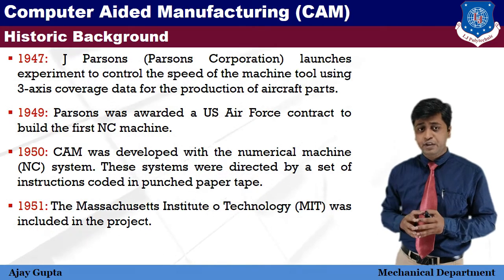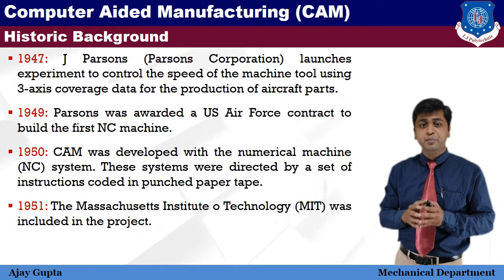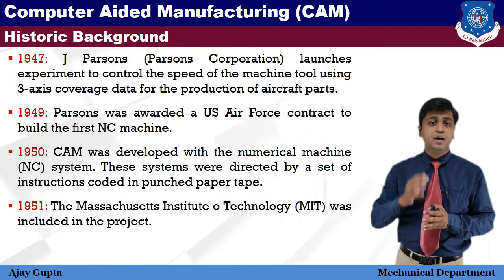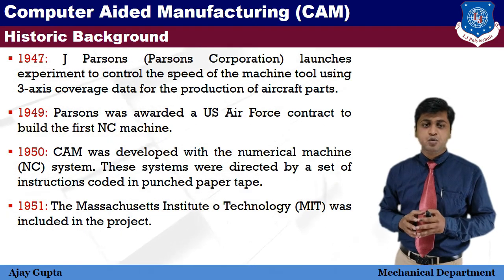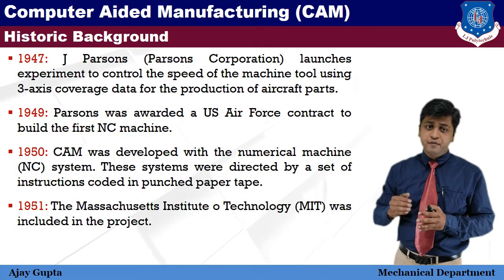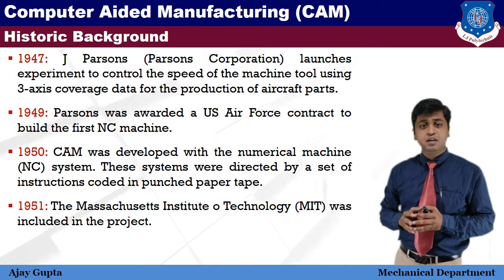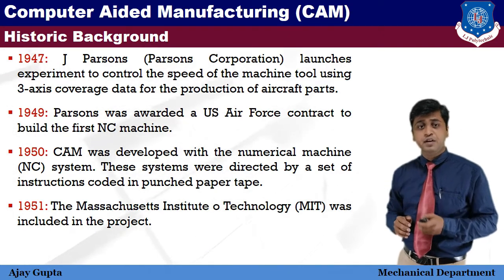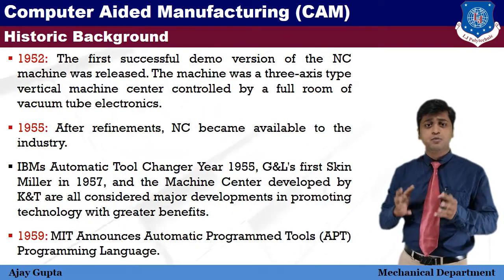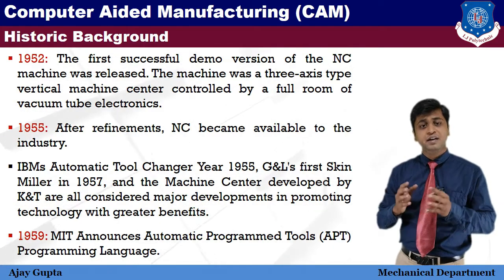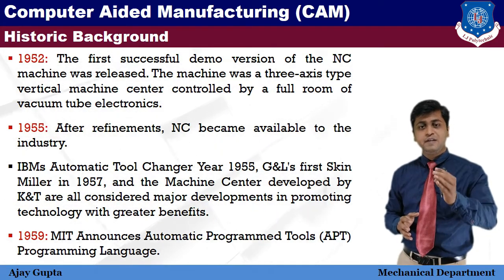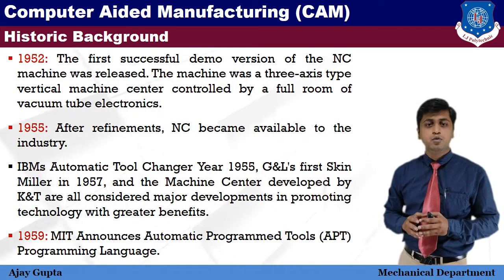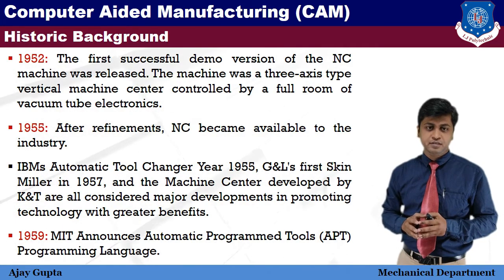Then in 1950, CAM was developed with the numerical control system. This system was directed by a set of instructions coded in punch tape. Afterwards, in 1951, the MIT Institute was included in the project, and in 1952 the first successful demo version of the NC machine was released. The machine was a 3-axis vertical machine center controlled by a full room of vacuum tube electronics.